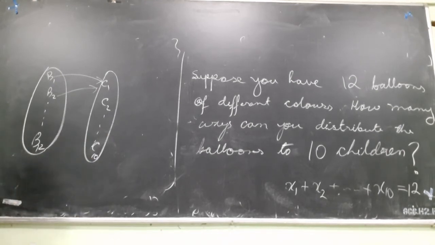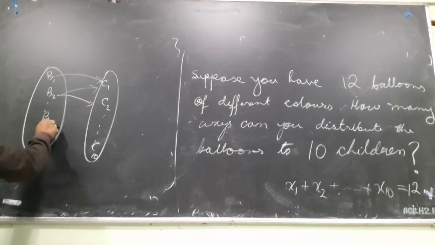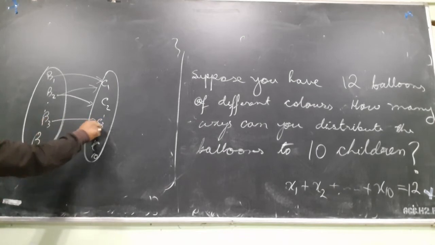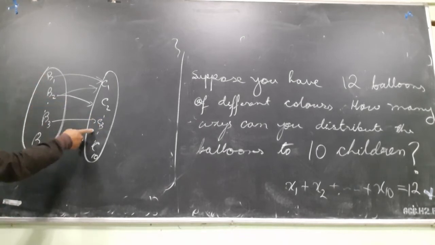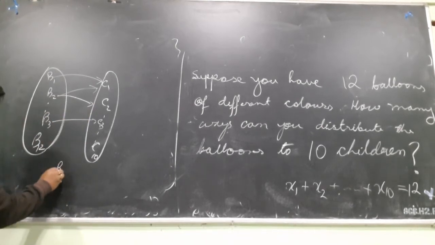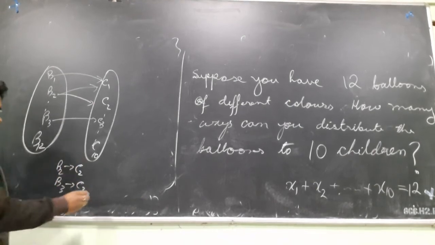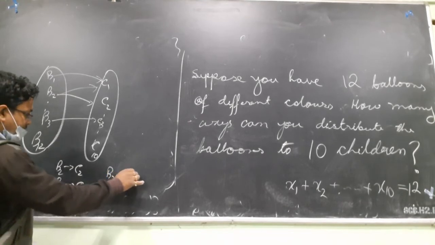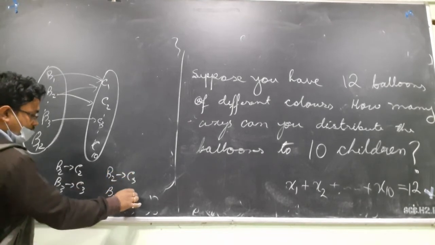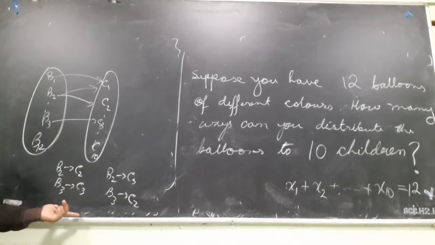Suppose I give the balloon B2 to C2 and B3 to C3, and if I change it to B2 to C3 and B3 to C2, is it the same or different?